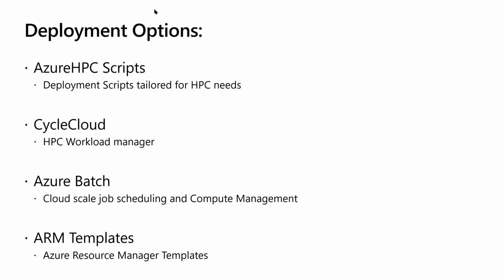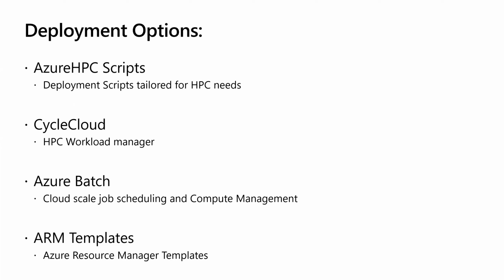The next thing is to deploy in Microsoft Azure. You have a couple of different options. First of all, you can use what we call Azure HPC. These are scripts designed to deploy an HPC cluster, but you have a lot of customization ability around that. The next one is CycleCloud, which is sort of a deploy-your-cluster-in-a-box. They have some templates, and this is a free service in Azure if you would like to use it. Azure Batch sets up a software-as-a-service on top of infrastructure-as-a-service.